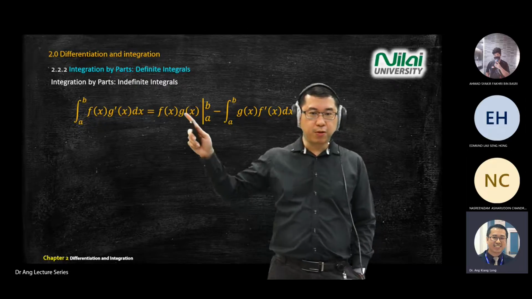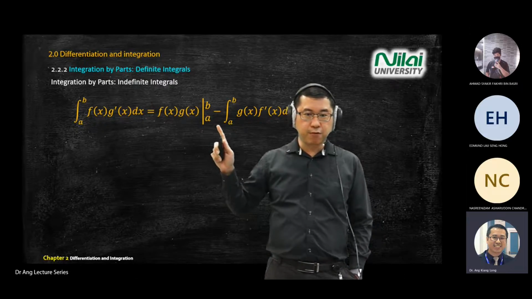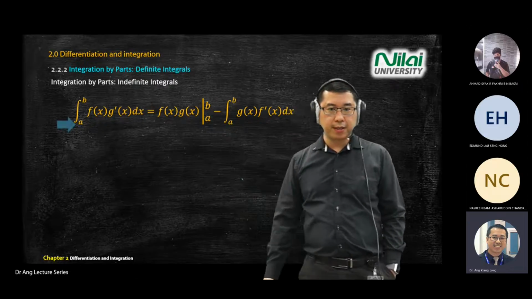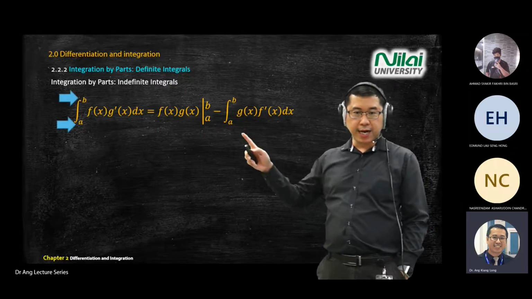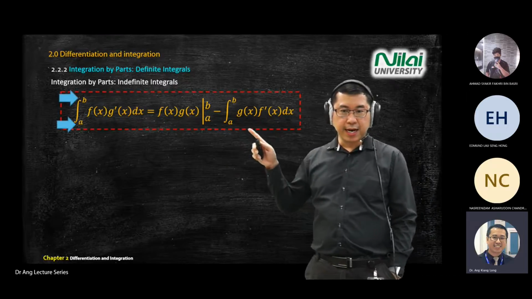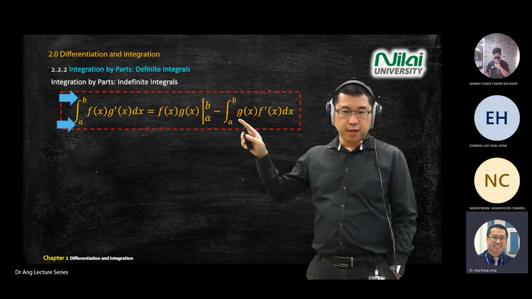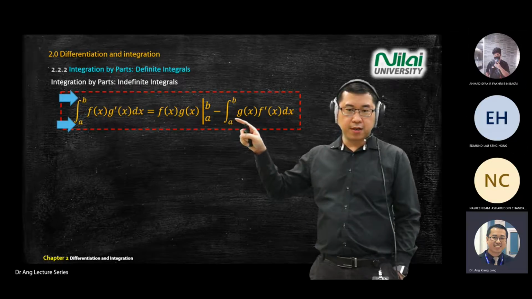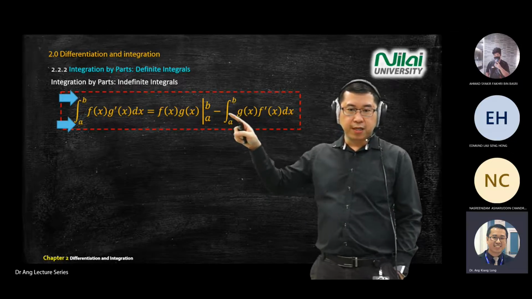Okay, so this part is only substitution, and you need to be careful with the substitution of numbers. The rest is still the same. Then I highlight the limit, and this formula will be useful when you integrate with a limit.